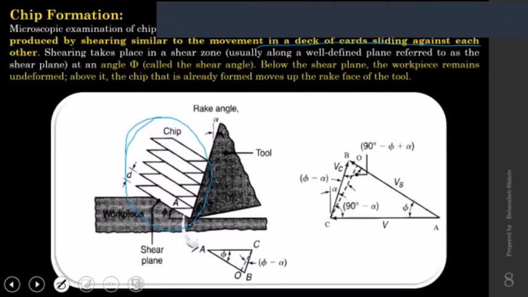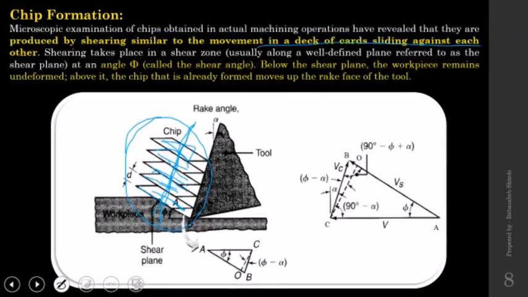That is, one layer of chip sliding against another. Now, in some cases, those chip segments are connected to each other. They might be separated from each other also, depending upon the type of chip, whether it is continuous or discontinuous.